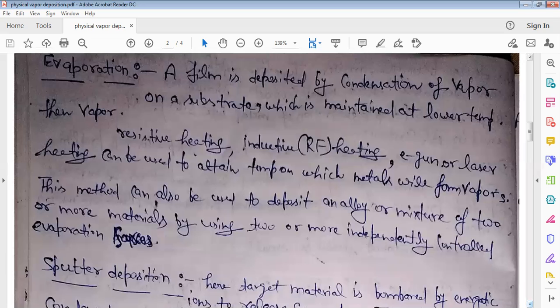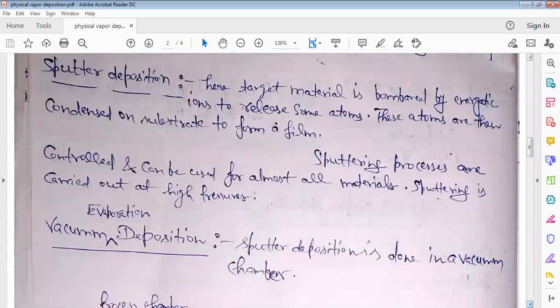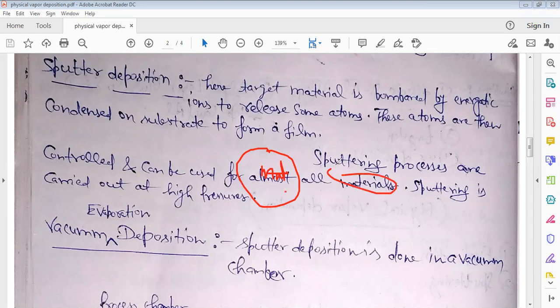Next is the sputtering process. So what is done in the sputtering process? In the sputtering process, we have a target material. This is basically the metal which is to be deposited onto the substrate. This is the substrate. This target material is first bombarded by energetic ions.